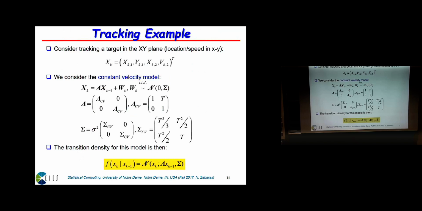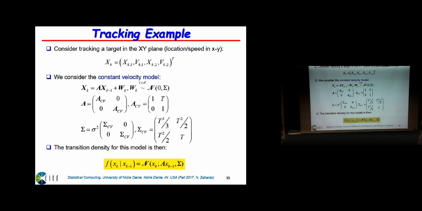So a few examples. I'm not going to spend a lot of detail on this, but just to get a sense of how you can write simple problems. So this is a tracking example. If you're tracking the path of a missile, Xk1, Xk2 is the x and y location, let's say, at time k.